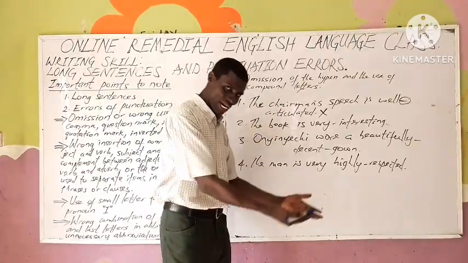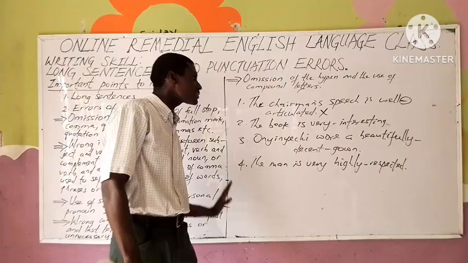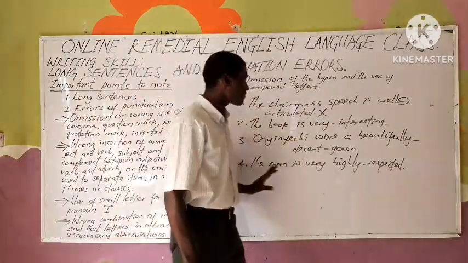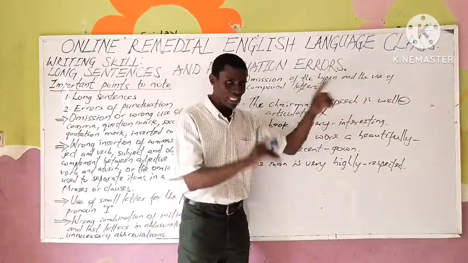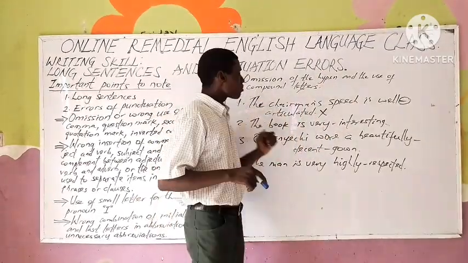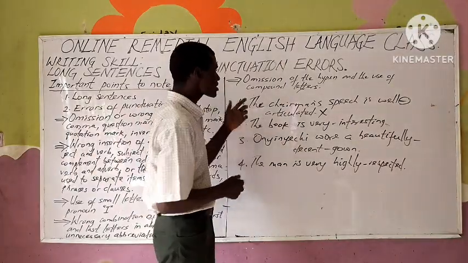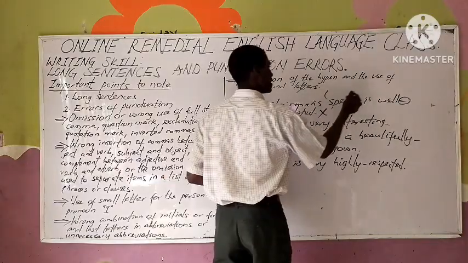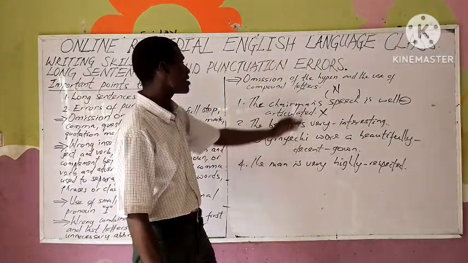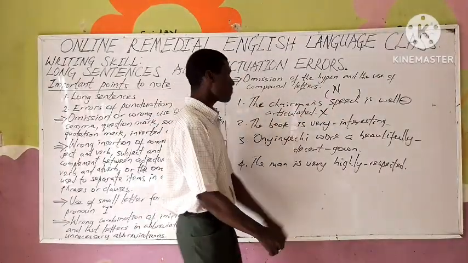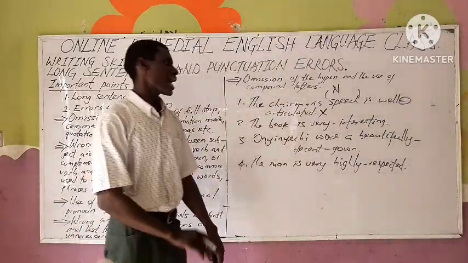Good boy. The boy is good. When the compound adjective comes before the noun, we put hyphen. The German speech, this is a noun that is being modified, and it's coming before the compound adjective.